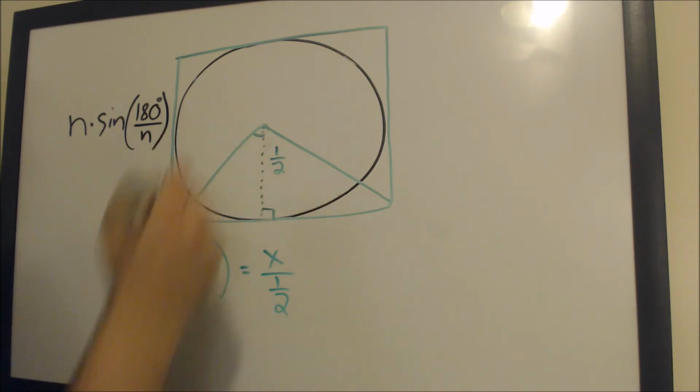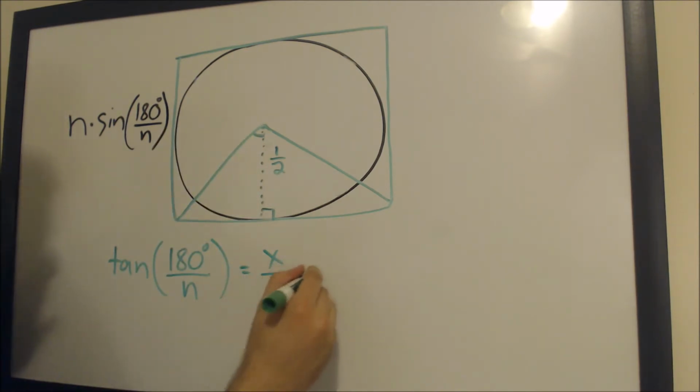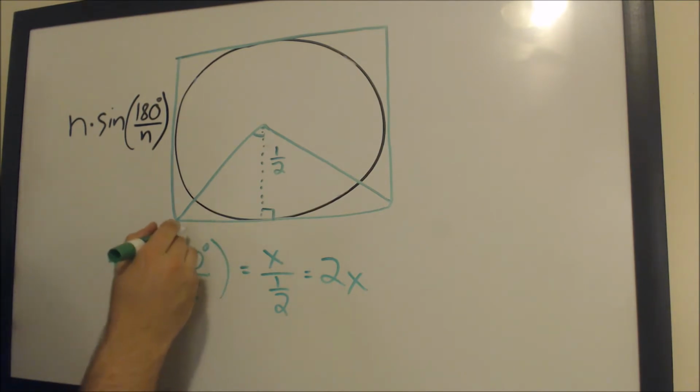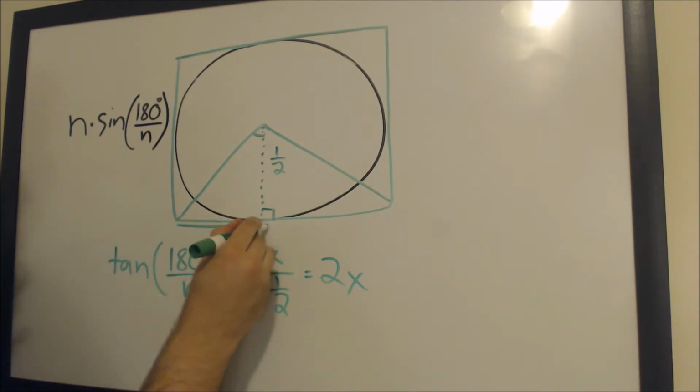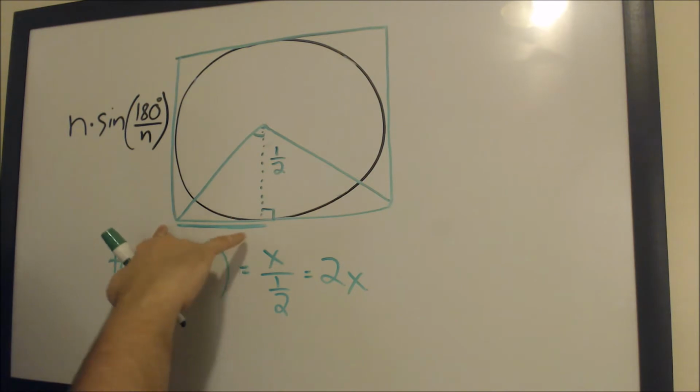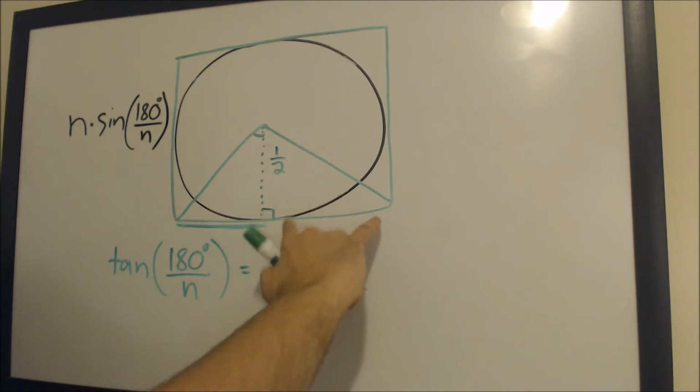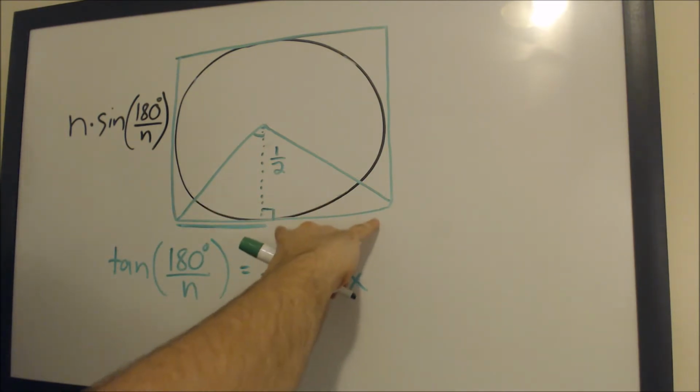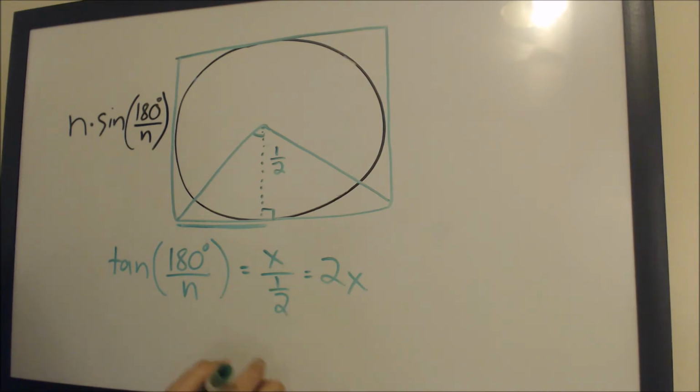Opposite divided by adjacent. And that's just 2x. So if x was this length, half of our side length, then the whole side length is going to be 2x, which means that the whole side length is equal to the tangent of 180 degrees divided by n.